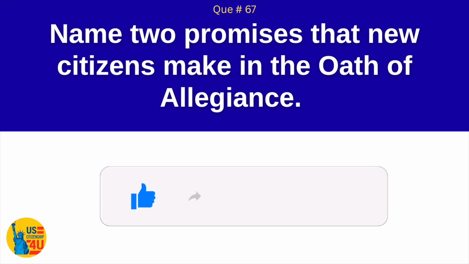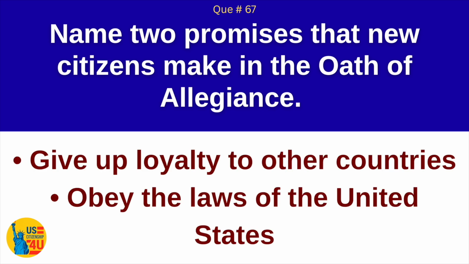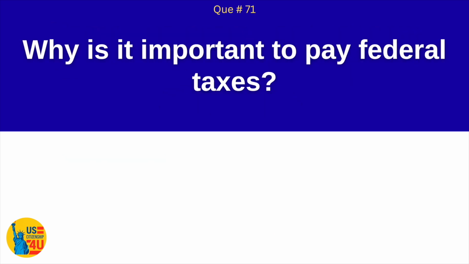Name 2 promises that new citizens make in the oath of allegiance. Give up loyalty to other countries. Obey the laws of the United States. Why is it important to pay federal taxes?